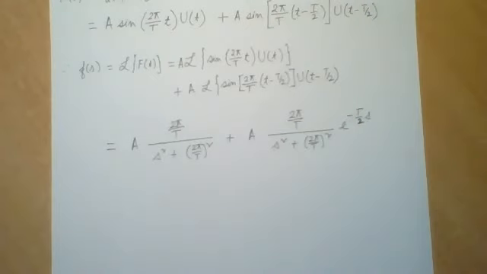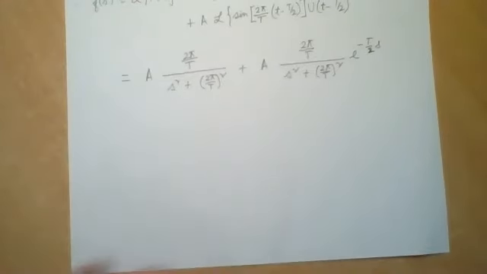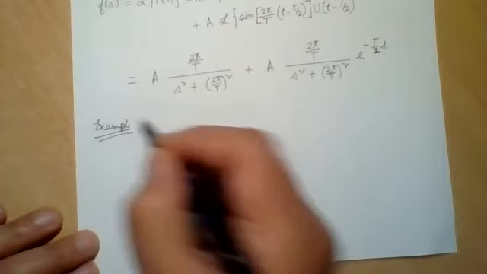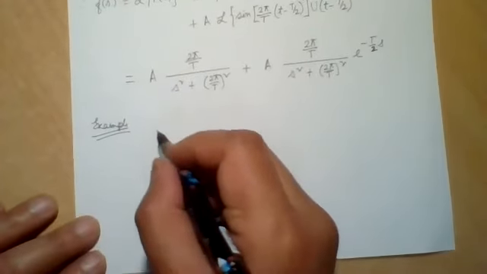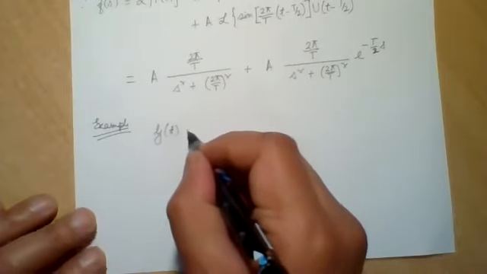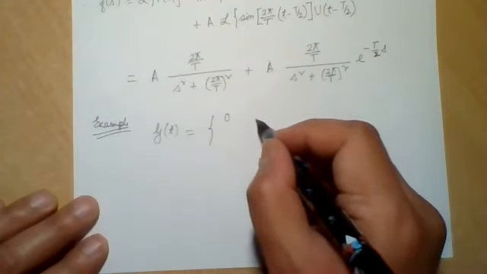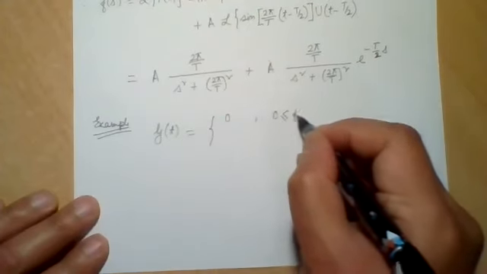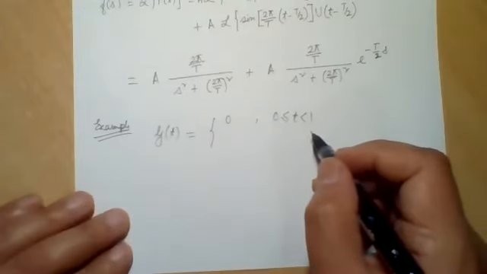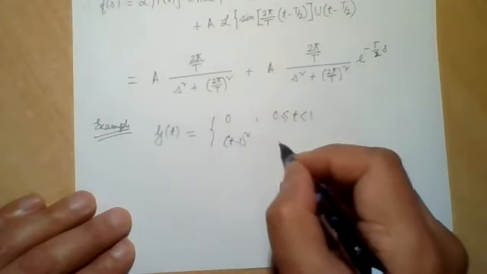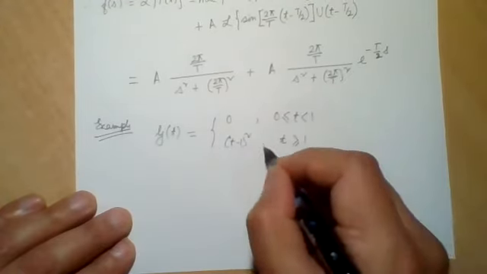Then one last example for today. I have a function g of t, given as 0 for t lying between 0 and 1, and equal to t minus 1 whole square for t greater than or equal to 1.